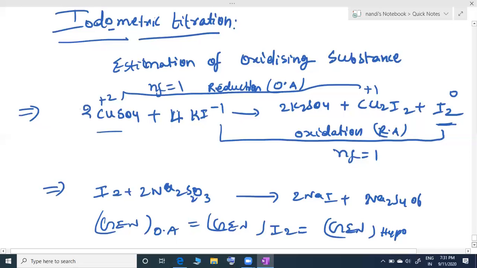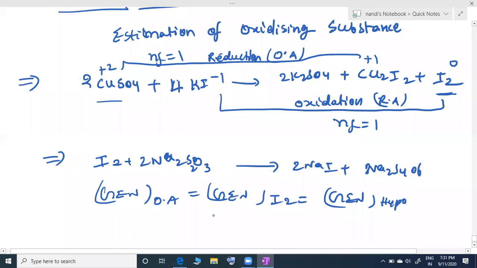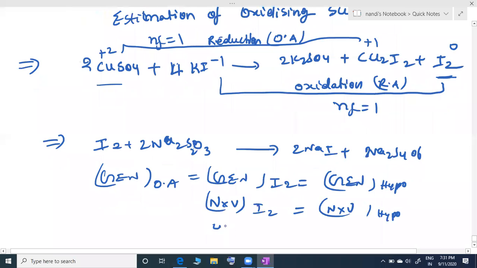So gram equivalent number means, I hope you already know that formula. In terms of normality into volume you can write, that's also gram equivalent number, or in terms of weight by equivalent weight we can use, that is also gram equivalent number. So based on requirement you can use this formula.